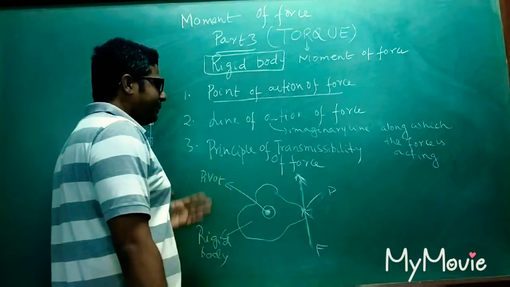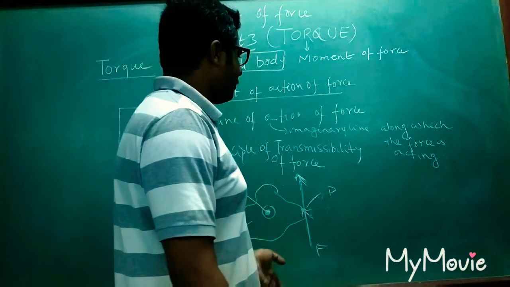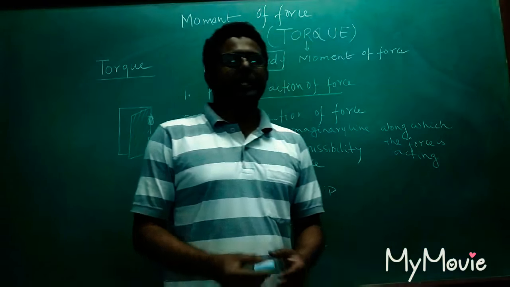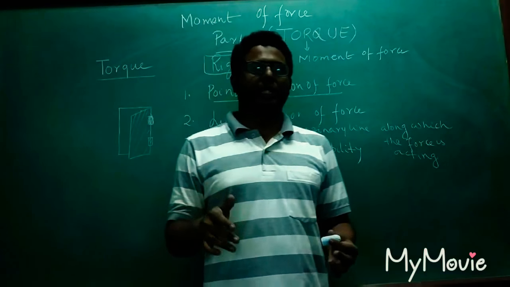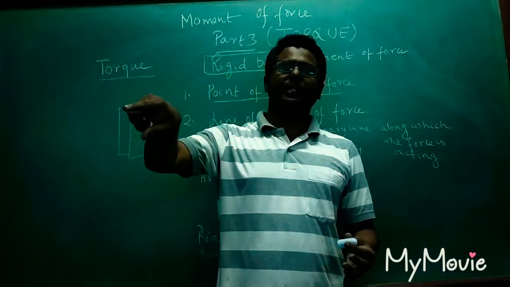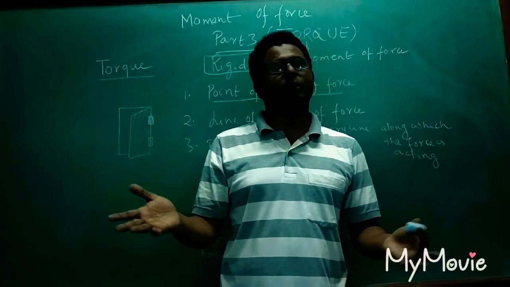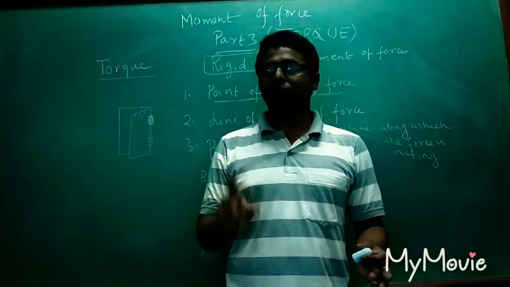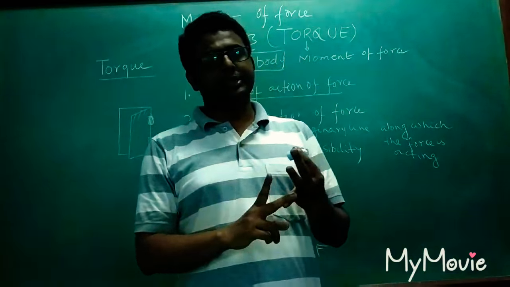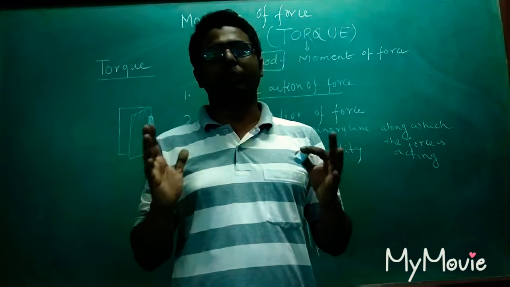The next one is the principle of transmissibility of force. You have to understand one thing. If a force is applied to a rigid body, it will pass through the line of action of force and cause the body to move, that we know, but it will not change any material nature of the body.